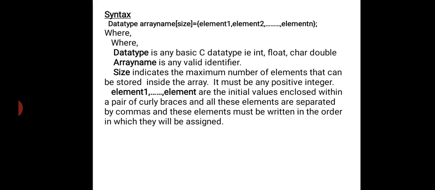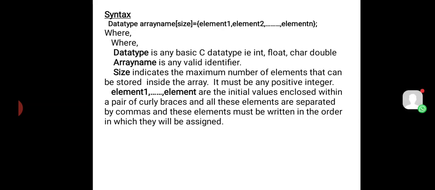Syntax: data type array name[size] = {element 1, element 2, ..., element n}, where data type is a basic C data type, that is int, float, char and double. Array name is any valid identifier.